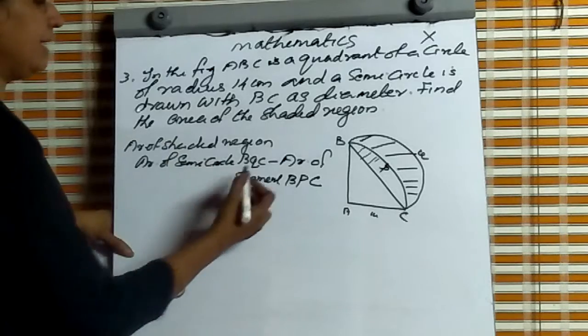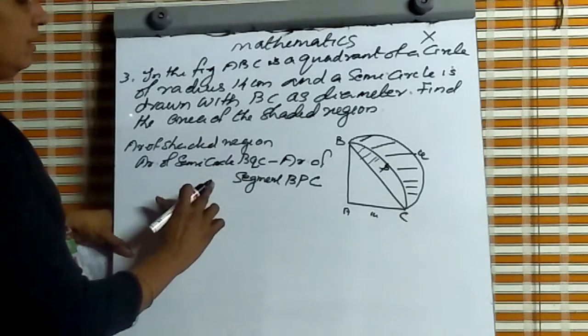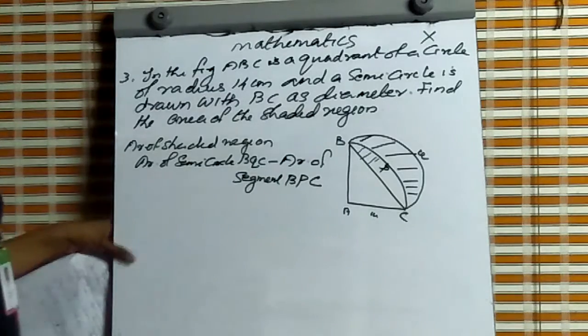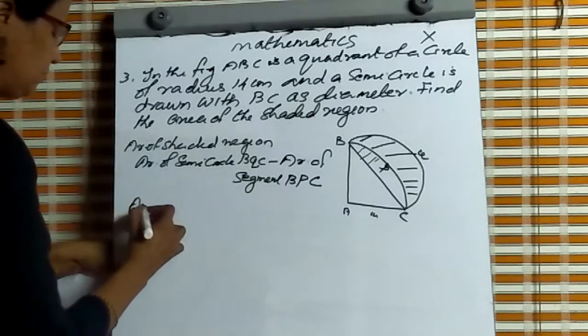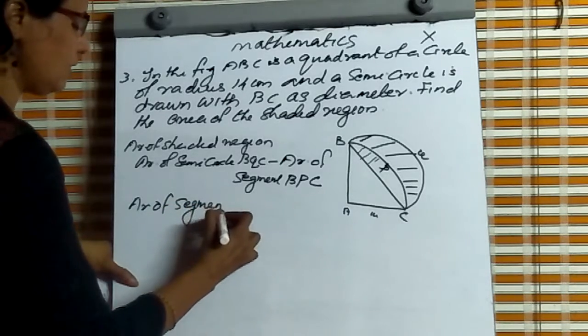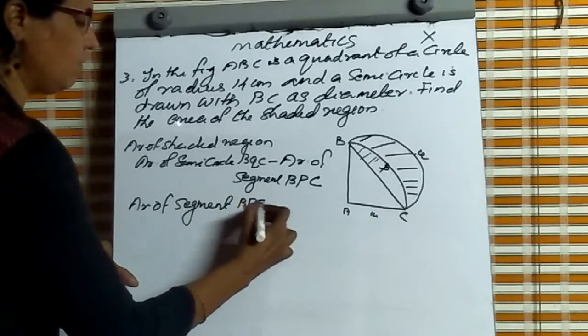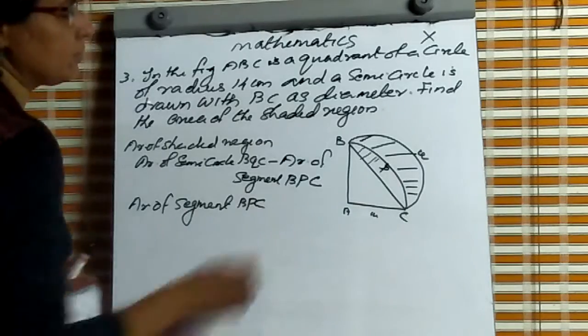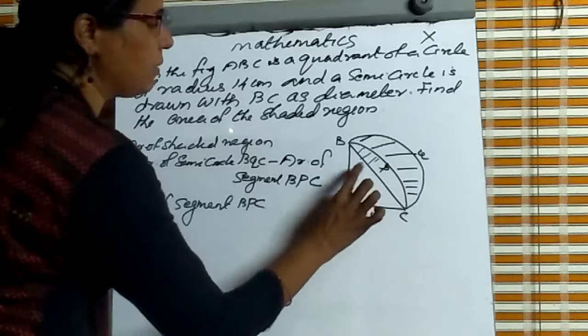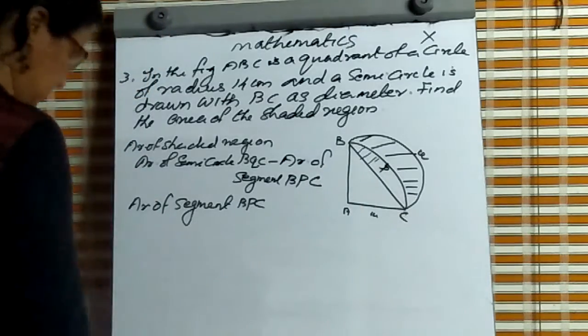First we find the area of semicircle. We have to find the radius. But before that, first we have to find the area of segment BPC. What is the area of segment BPC? Area of segment means area of the sector minus area of triangle ABC.